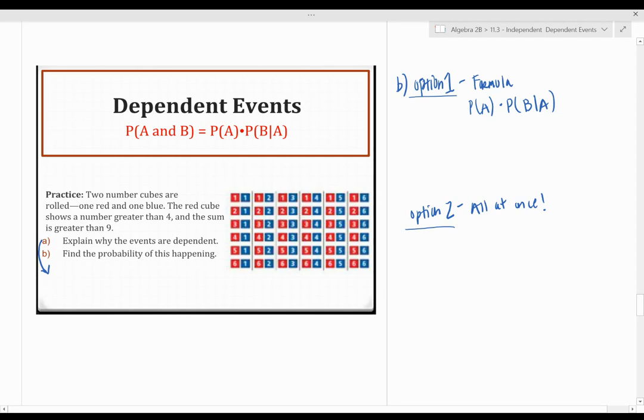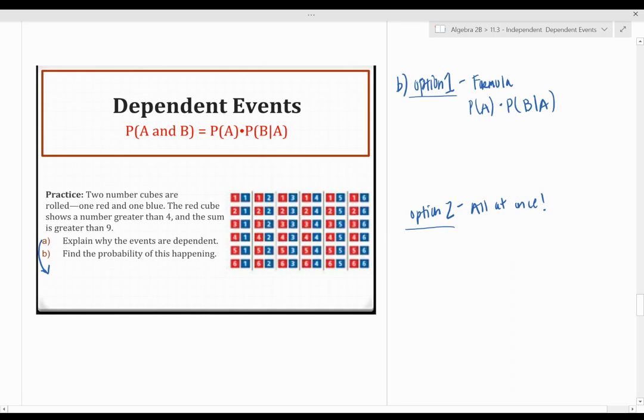Alrighty, now that I know every single one of you paused the video and tried those on your own, let's try and figure out why these are not independent, why they are dependent. So I like to think of it as, does knowing the first thing happen narrow down the chances of the second thing?